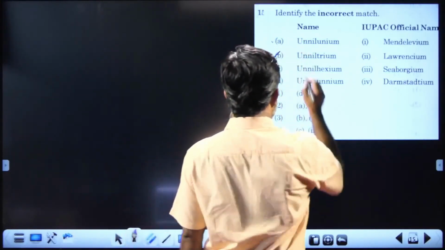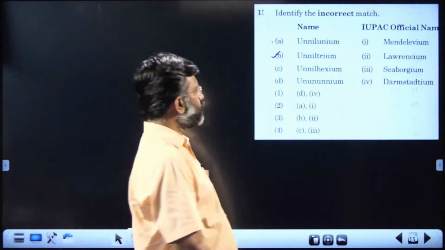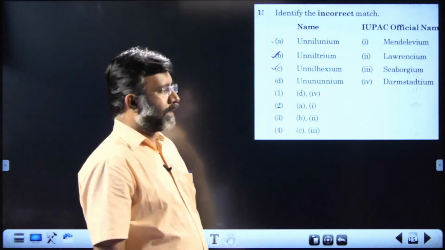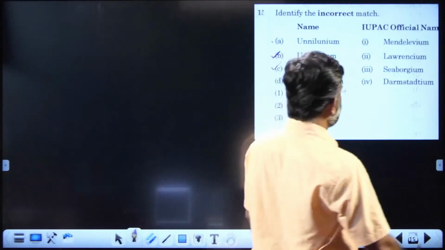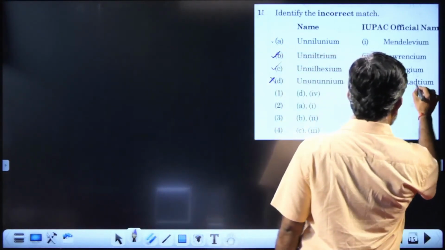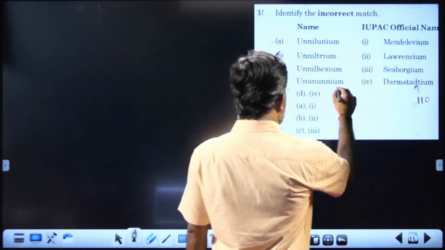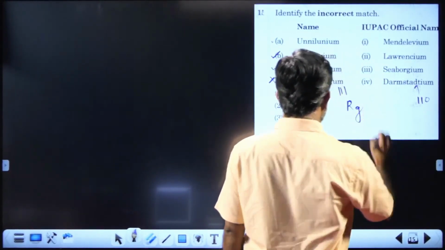That is also true. Unnilhexium 106, Seaborgium. That is also correct. Unununium, that is 111. 111 Darmstadtium is not correct. This is incorrect. Basically, that element is 110, and we are talking about 111. That element is Roentgenium, Rg.